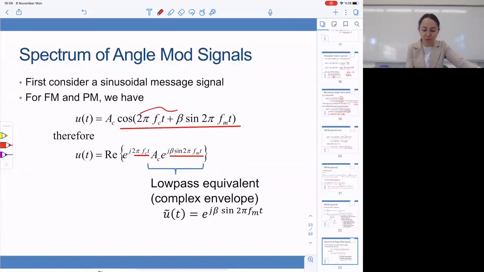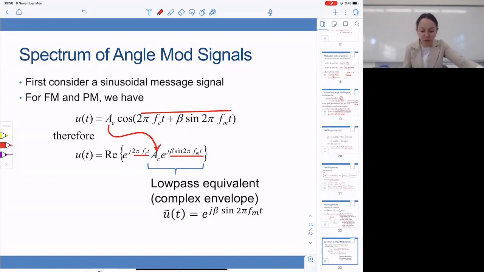So this is the phase of our complex exponential, and our signal, our cosine, is simply the real part of e to the j, that phase. We can put the Ac, the constant, in here, doesn't matter. It could be outside the real part or inside the real part.